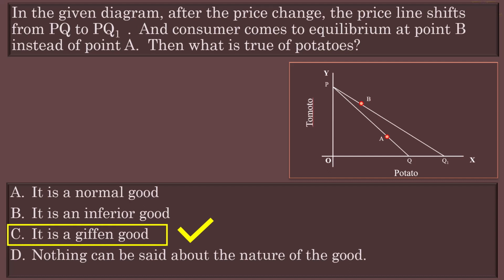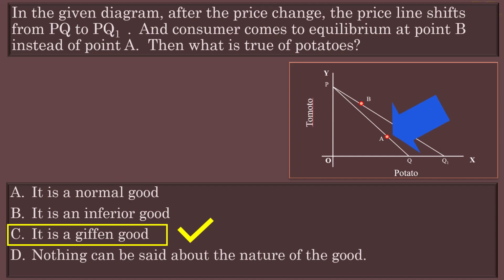How? Look at these two equilibrium points. A is on the price line PQ. After a fall in the price, the line becomes PQ1.